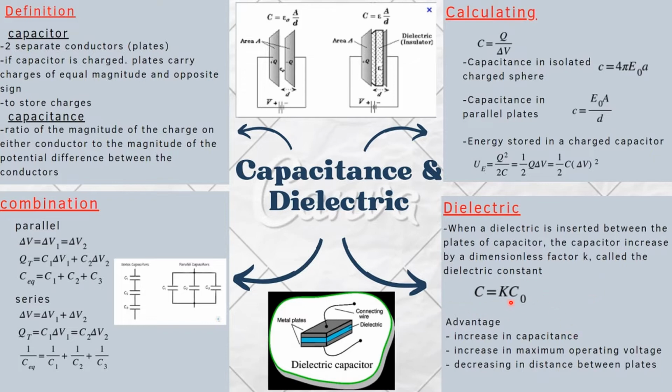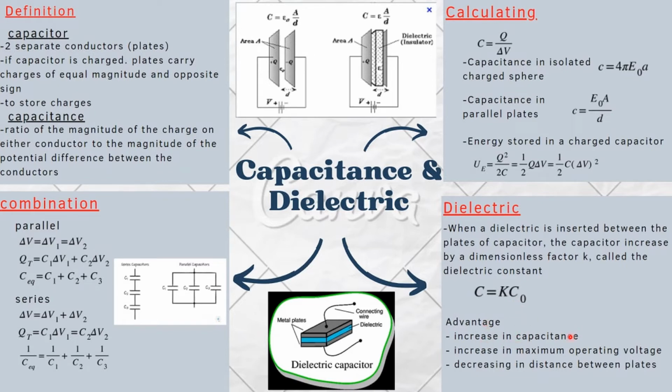And this is the equation: C equal to K C naught. This first C is the value of the capacitance after inserting the dielectric. K is the dielectric constant, and the C naught here is the initial value of the capacitance.